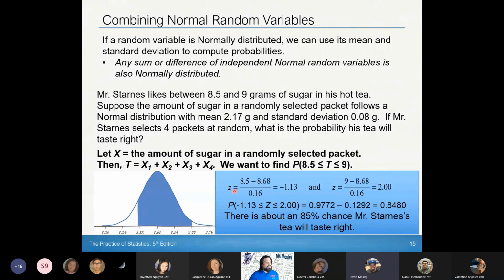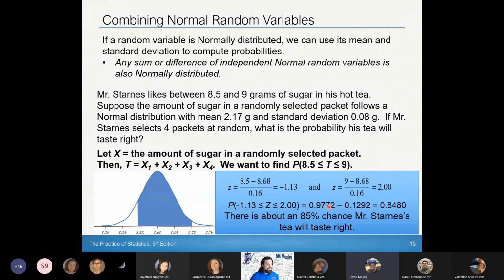We get a lower bound z-score, 8.5 minus 8.68 all over 0.16, which is negative 1.13, and the upper bound, 9 minus 8.68 over 0.16, which gives us 2. So we find the probability of z being greater than or equal to negative 1.13, less than or equal to 2. We look these up on Table A.